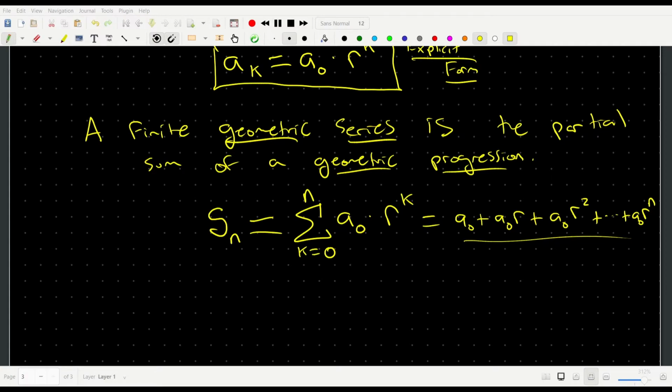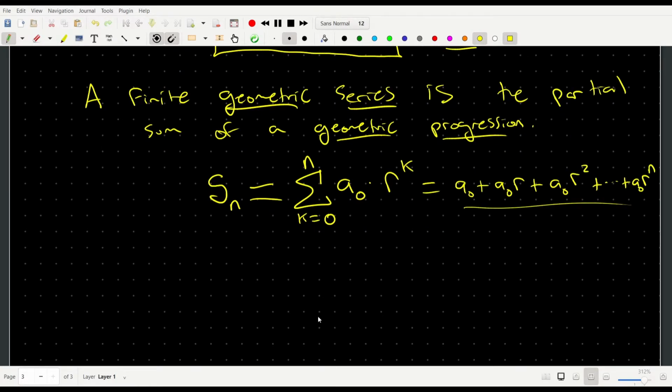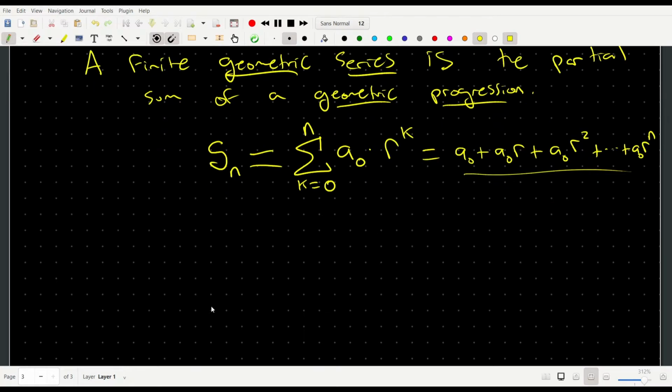An infinite geometric series is the infinite sum of the entire geometric progression, or the infinite series that you get when you try and add all of the terms in the geometric progression.